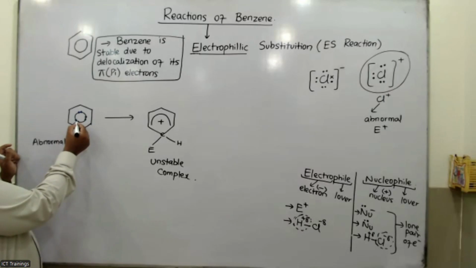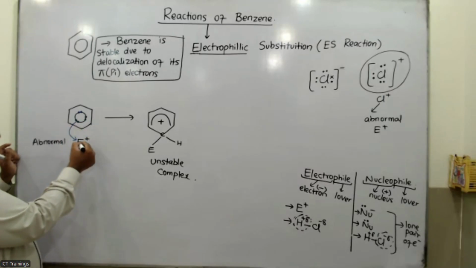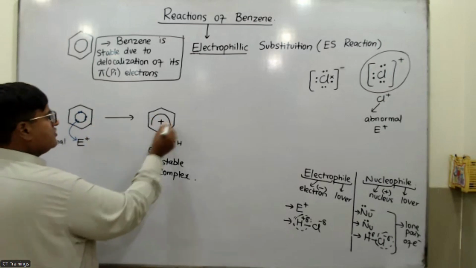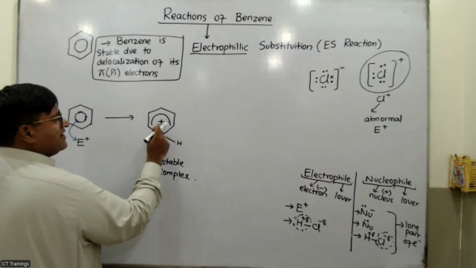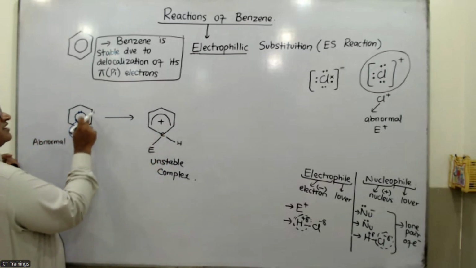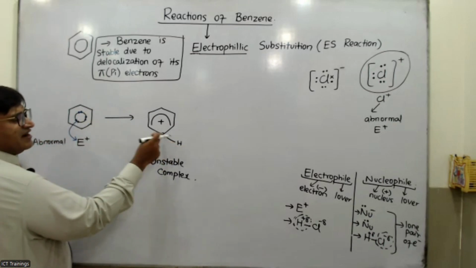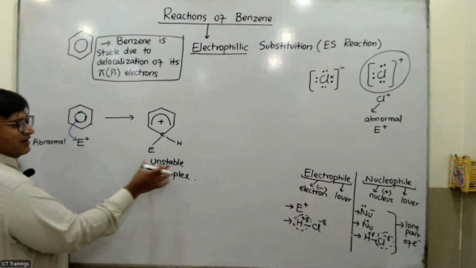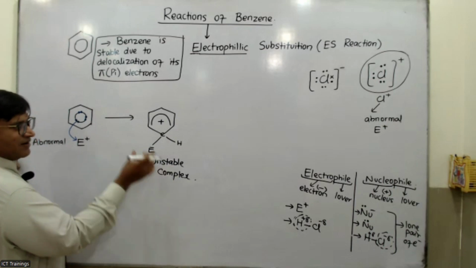You should start the curly arrow from this ring and make it towards the positively charged one. Now this ring would break down and be extended to the five carbons only. Every corner has one carbon and one hydrogen, and the electrophile is attached up here. This becomes the unstable complex.